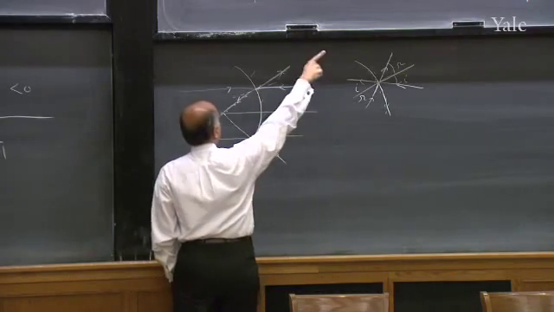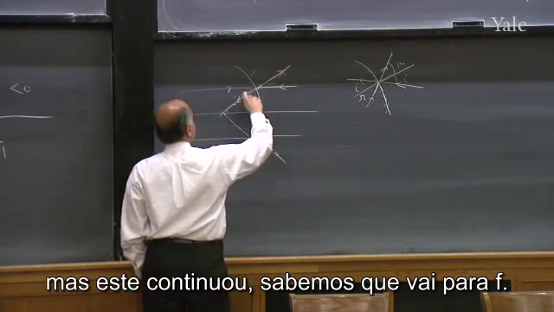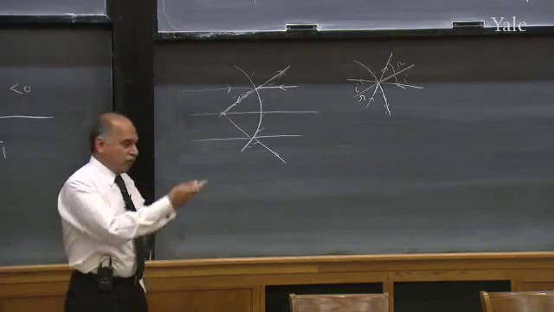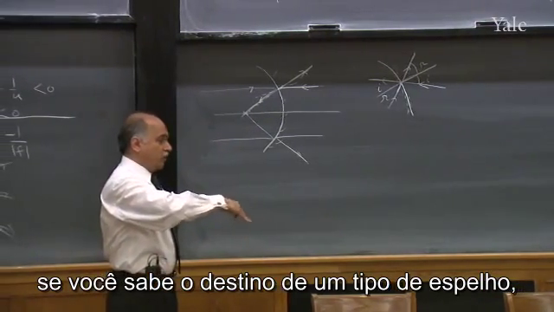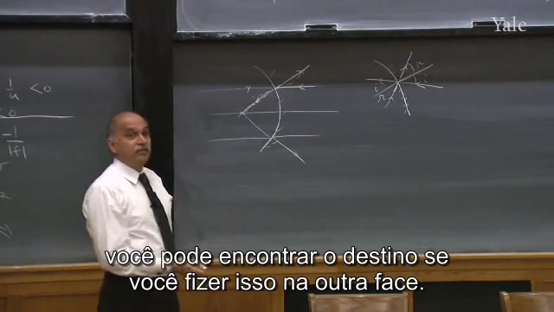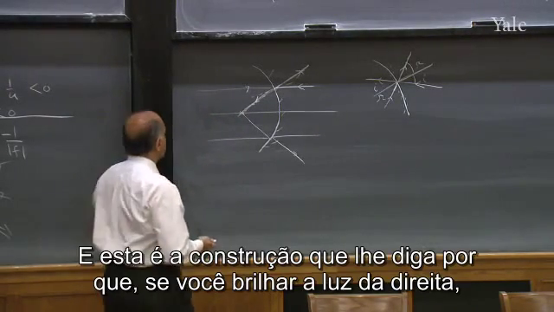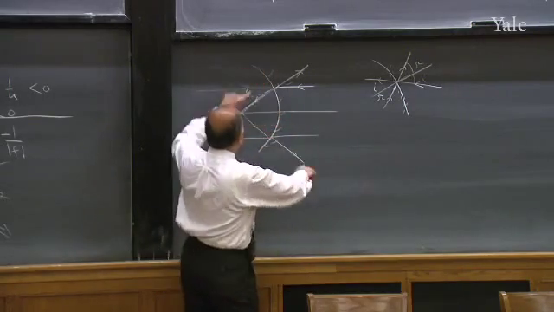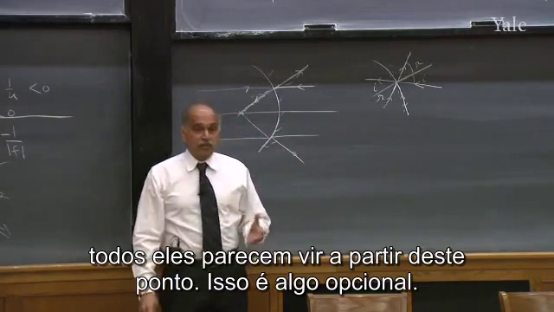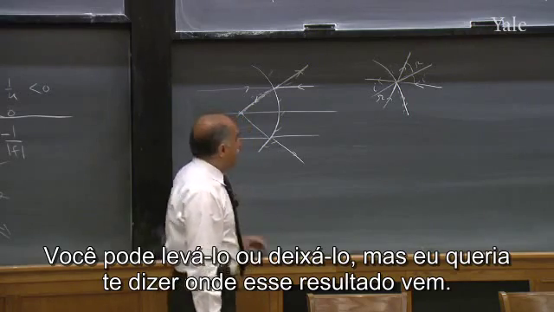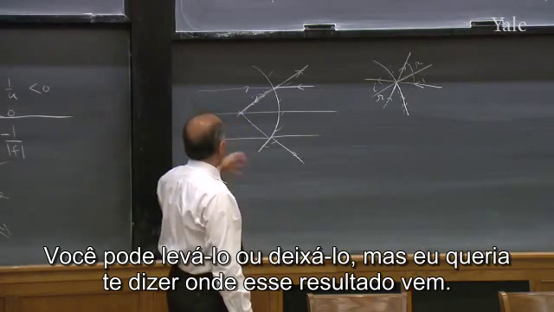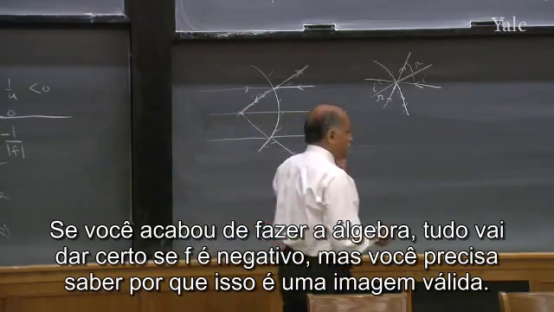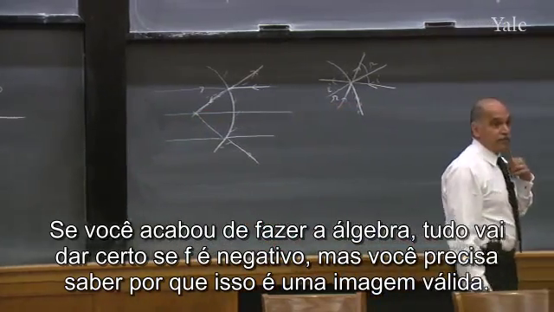Therefore, rays coming this way will go there, but this one continued, we know goes to F. That's the reason why, if you know the fate of one kind of mirror, you can find the fate if you do it on the other face. And this is the construction that tells you why, if you shine light from the right, they will all seem to come from this point. So that's something optional. You can take it or leave it, but I wanted to tell you where that result comes from. If you just do the algebra, everything will work out if F is negative, but you need to know why that's a valid picture.